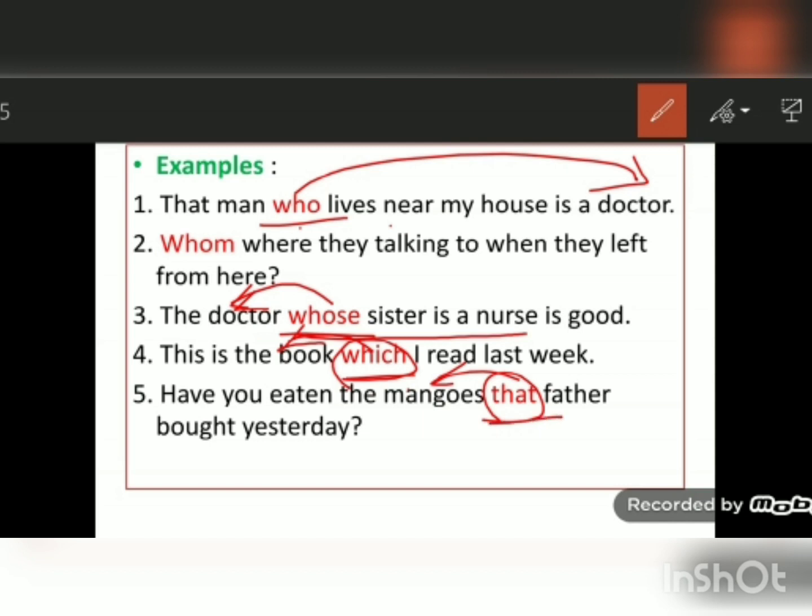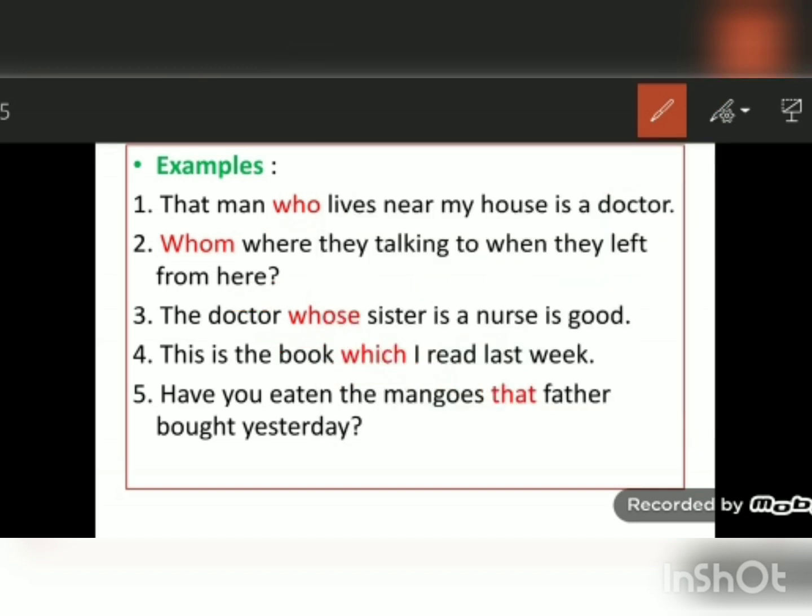Who, whose, whom are used for persons, and which, that are used for animals and inanimate objects. Relative pronouns are also used to join two sentences. We can use who, whom, whose, which and that in order to join two sentences.